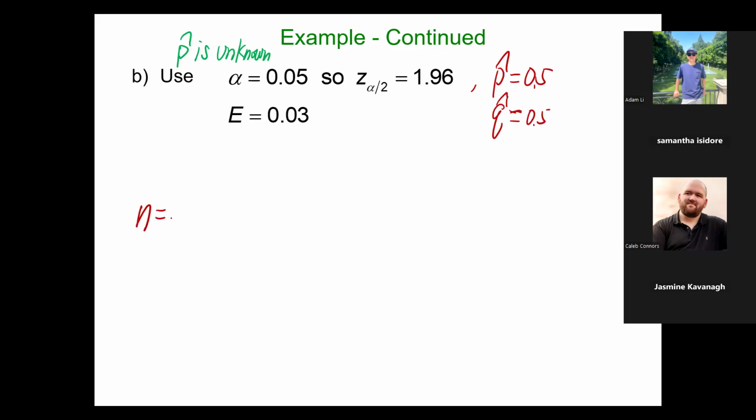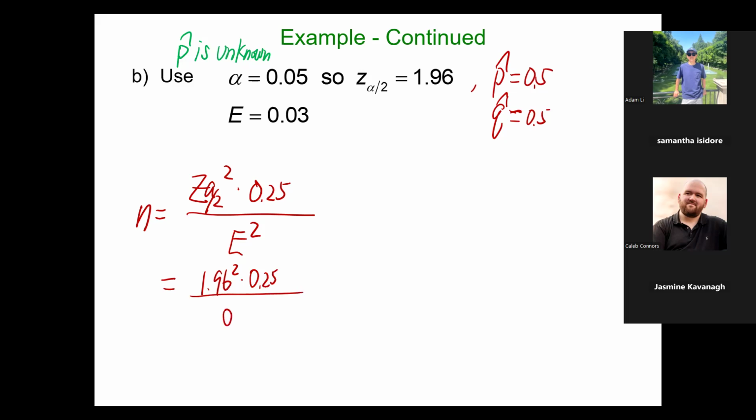So the sample size is going to be equal to the critical z-score squared times P hat times Q hat, 0.5 times 0.5, 0.25, over the margin of error squared. So this is 1.96 squared times 0.25 over 0.03 squared. Now we're going to expect a larger sample size, because using 0.5 will guarantee you have a larger sample size.